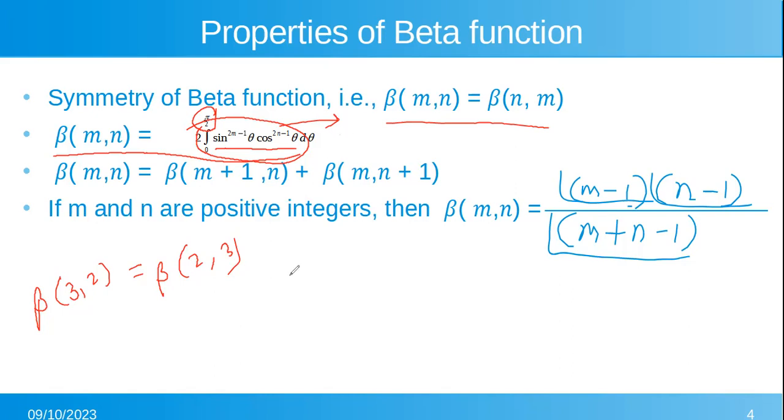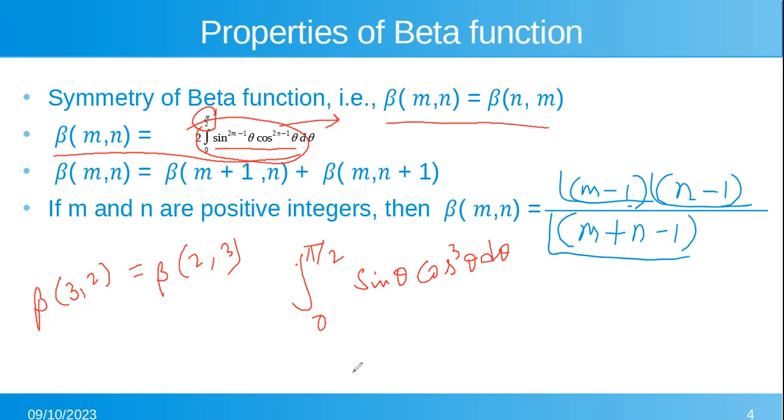Okay, for example, suppose 0 to pi by 2, sine theta, I'm writing sine theta, and cos cube theta, d theta. See, power of sine theta is equal to 1 here.